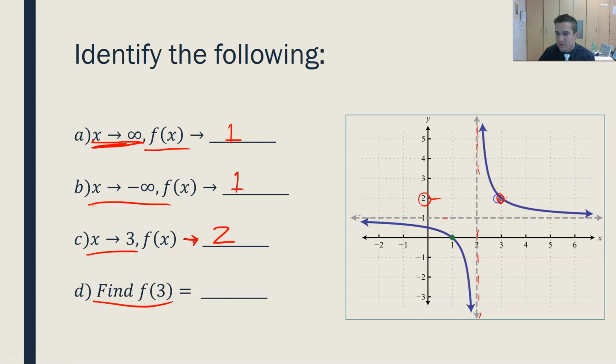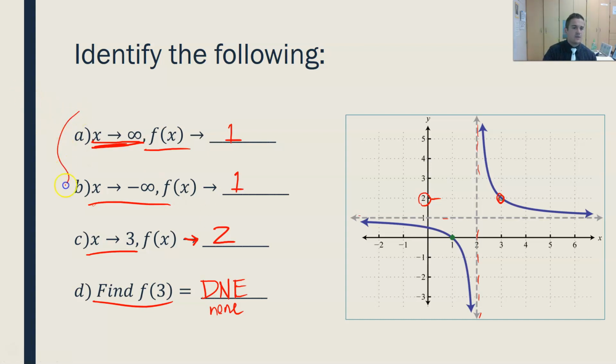At this point, the function is undefined. That's what a hole means, that the function is undefined right there. So f of 3, the y value when x is 3, does not exist. It's undefined. So you can write does not exist or none or something like that, because at x equals 3, the function is undefined. There is not an actual point there. There's a hole.